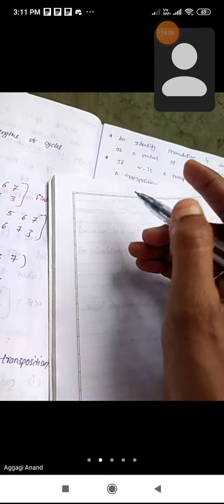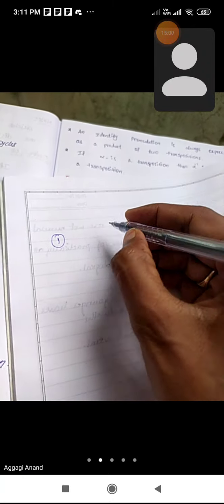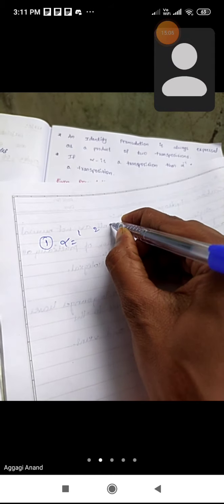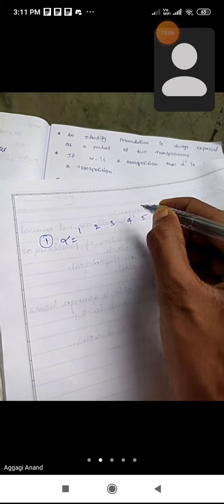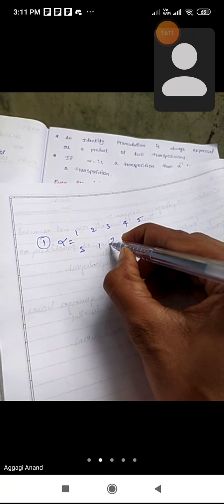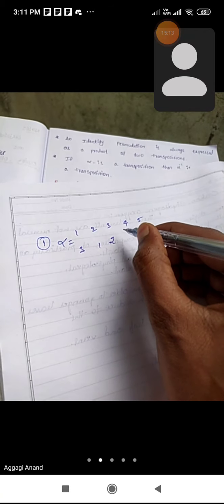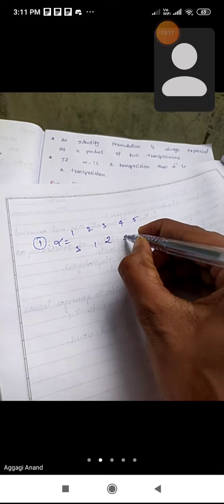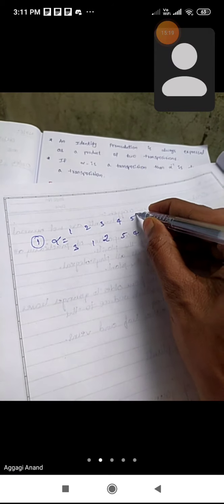I give some more examples to do as homework. Okay, first one: if alpha is equal to 1, 2, 3, 4, 5 with images 3, 1, 2, 5, 4.